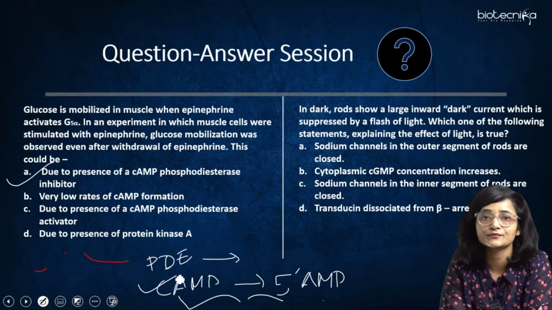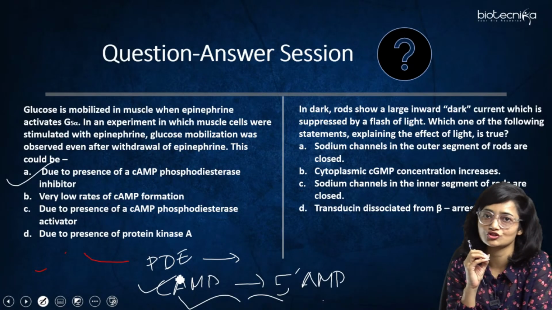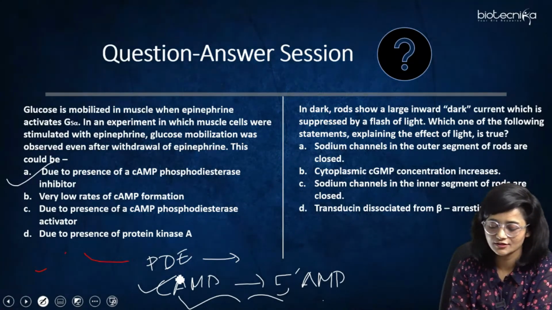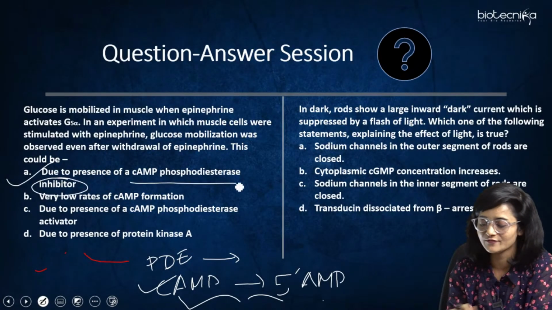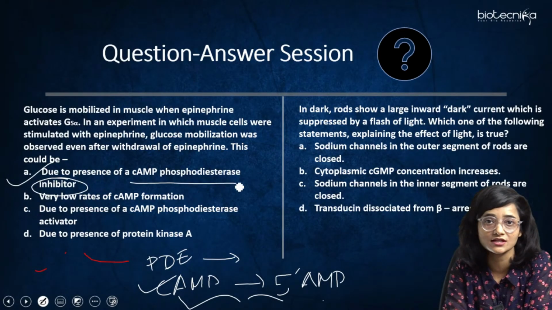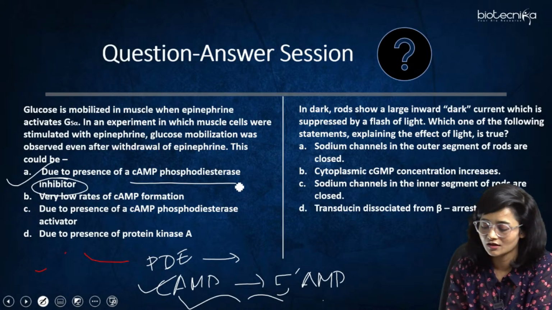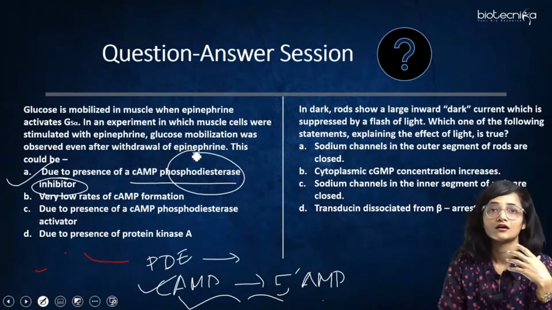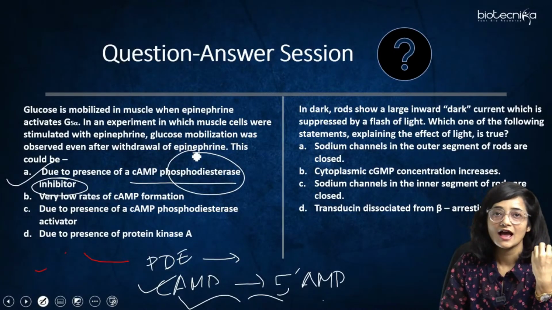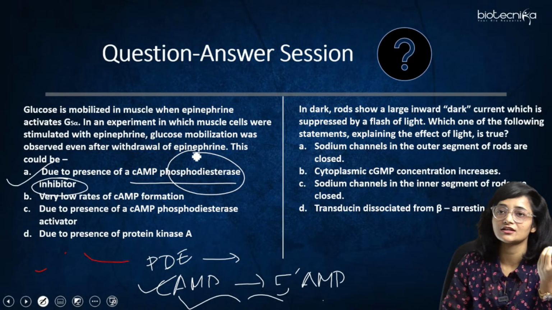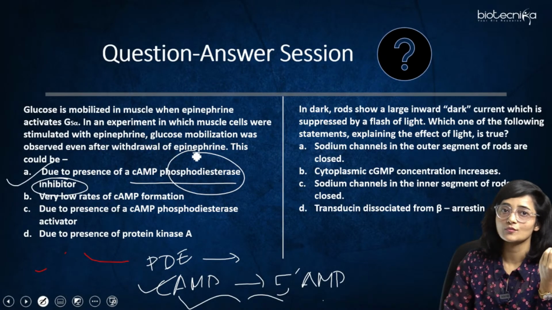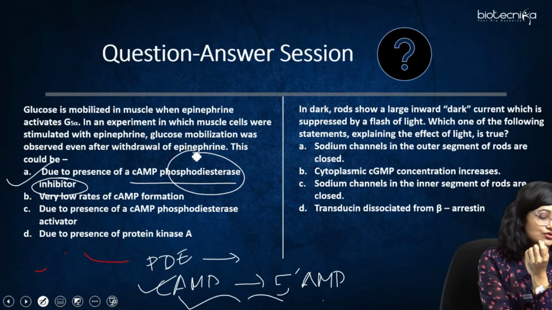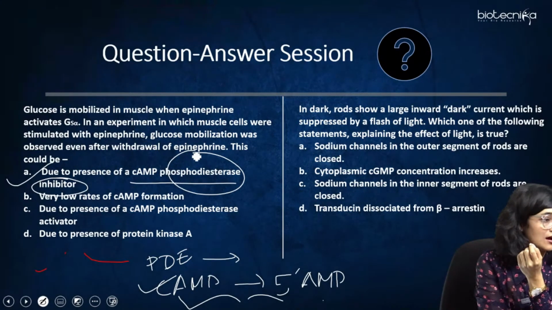As a result, the GPCR signaling stops. But if the cAMP phosphodiesterase inhibitor is present, it will inhibit this enzyme. As a result, the concentration of cAMP will still be high in the cytoplasm, and the GPCR signaling will still continue. So option A is the correct one. Those of you who marked option A are right.